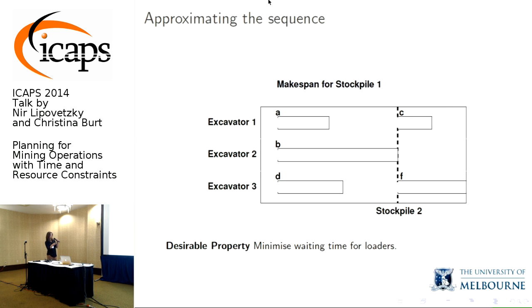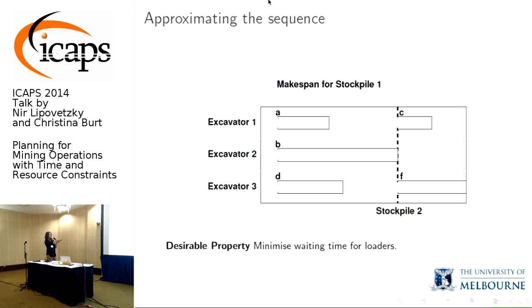To describe this, if we imagine that we have 3 excavators, and each of these excavators is given a task, and this is the duration of the task, then the makespan for the stockpile would be at the last moment that a task is completed.